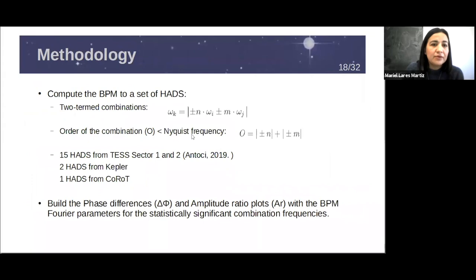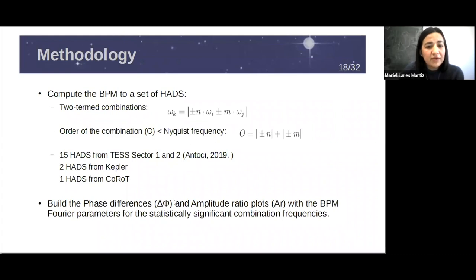With this in mind, we build this. We compute the best parent method to a set of high amplitudes, concretely 17, and we calculate second order combinations, so it won't be so computationally expensive, with orders of the combination not exceeding the Nyquist frequency.